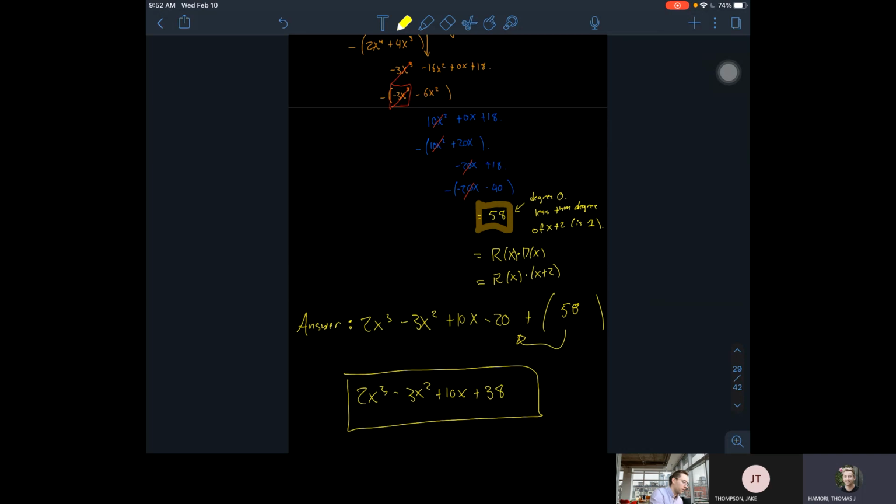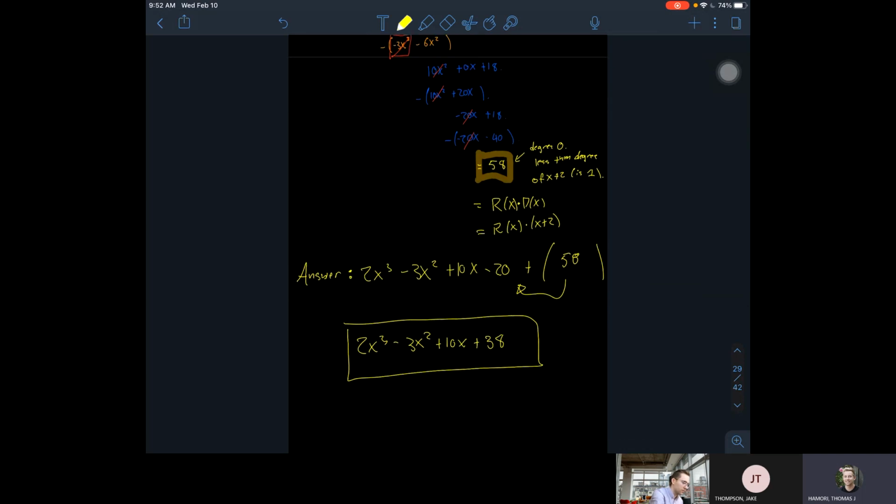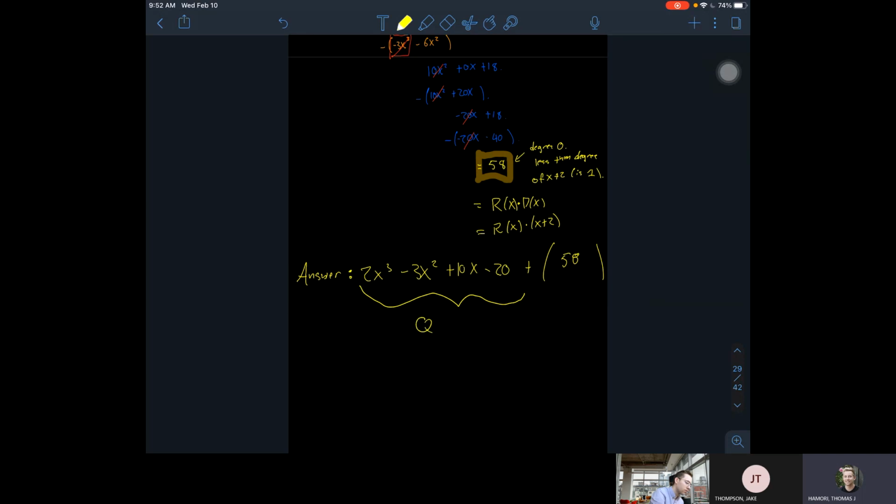Okay, but remember here, let me see if I can lead you to where I'm going here. This should be q of x. Then we should have a plus sign. And then this should be r of x.